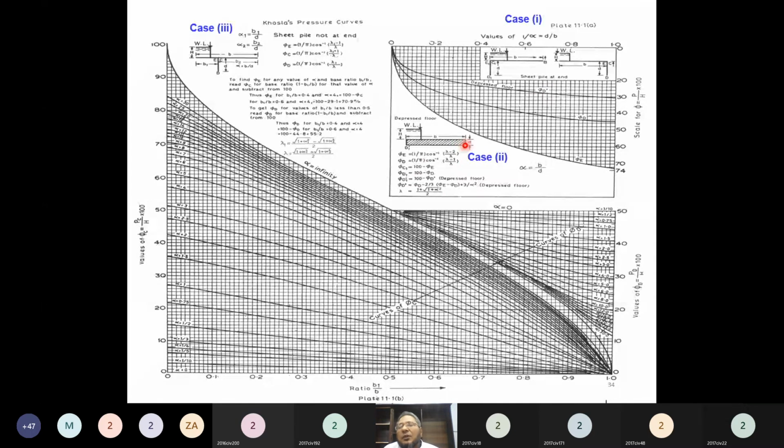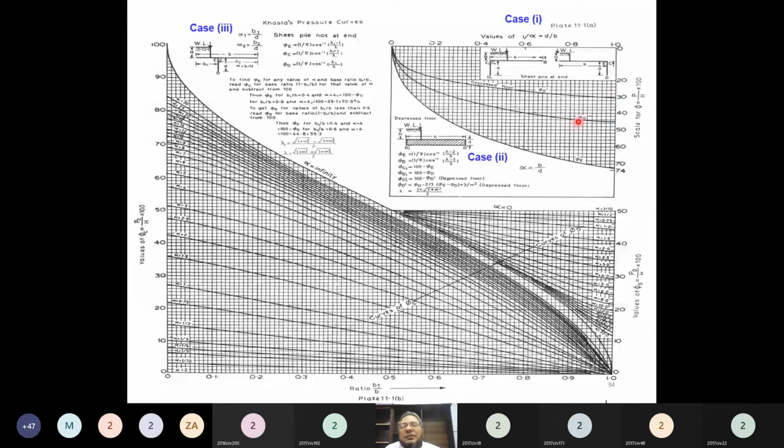Okay. So what you have to compute? You have to compute the value of 1 over alpha, which is D over B, where B is the length of the concrete floor and D is the depth of the sheet pile. So compute this ratio, and once you know this ratio and you touch this graph, that should be the value of the uplift pressure phi for that purpose.